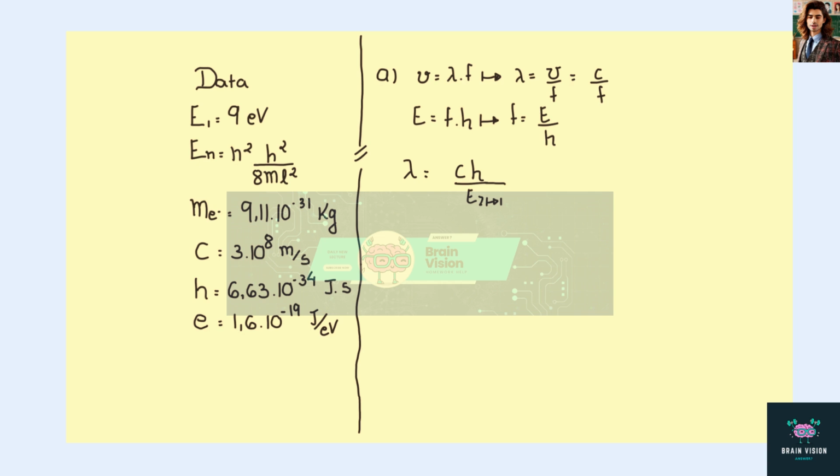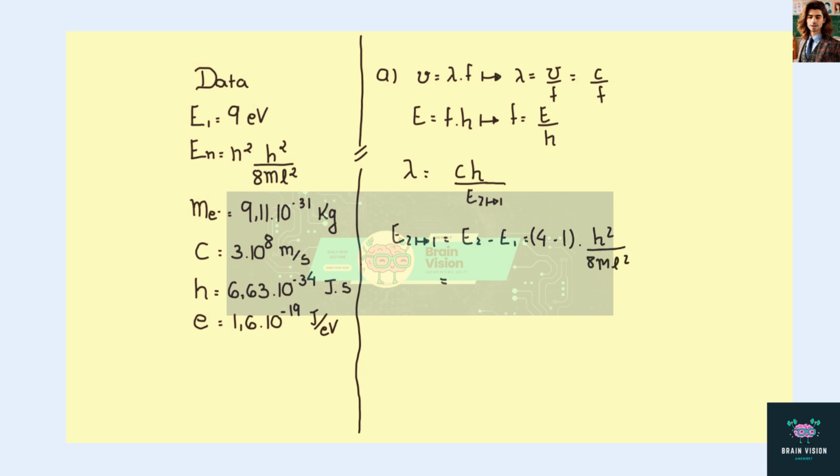So we can use this equation to calculate. We get the following: E2 to 1 is equal to E2 minus E1. And E2 minus E1 is equal to n squared, 2 squared, 4, minus 1 squared, is equal to 1, times the common factor of h squared divided by 8mL squared.